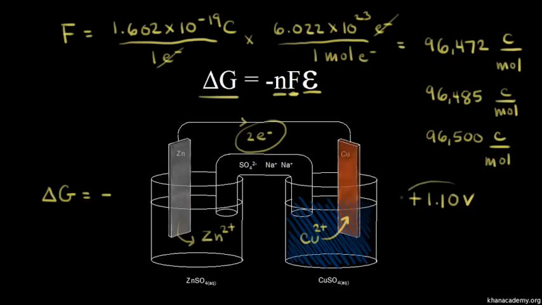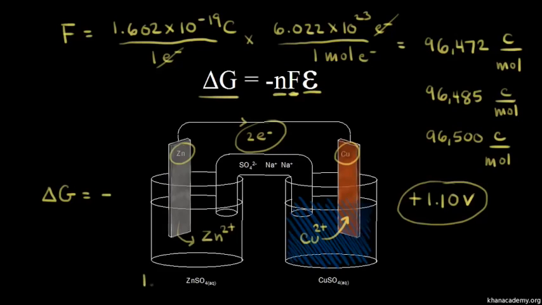All right, so this cell potential that we talked about, 1.10 volts, is actually the standard cell potential, which is the voltage measured when the cell operates under standard conditions, which is defined as all of your solids are in pure form. And that's the case for us here because we're dealing with zinc metal, a solid in its pure form, and copper metal, a solid in its pure form. Also defined as the solutions are at 1 molar concentration.